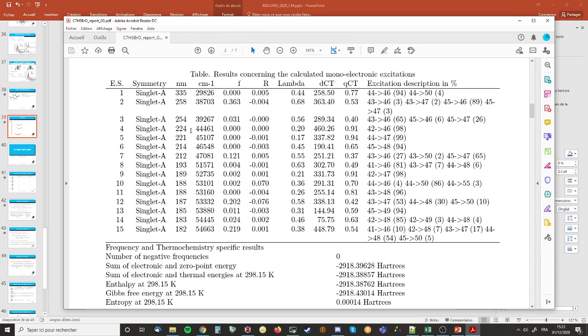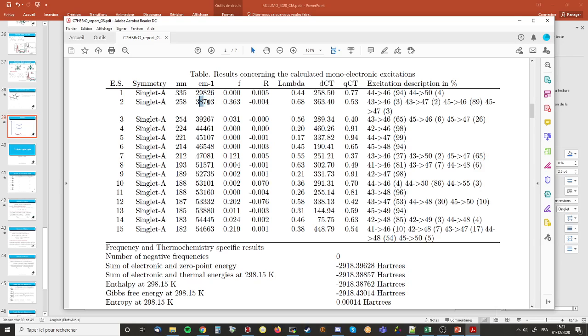So here you have a first singlet. There is no absorption, F equals 0, and it's at 30,000 wave number.